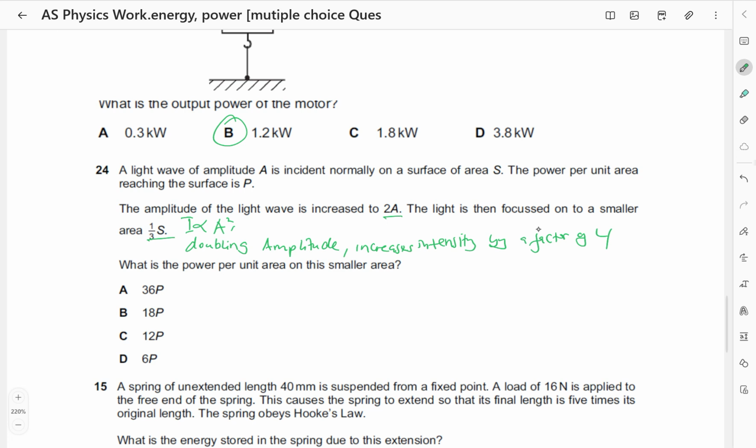That means if the amplitude is now twice A, but squared, the new intensity is going to be a constant times 4A squared.